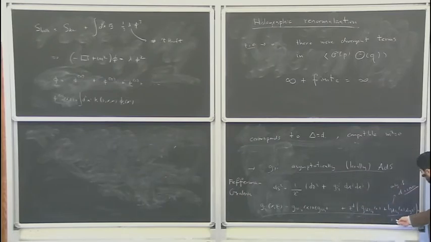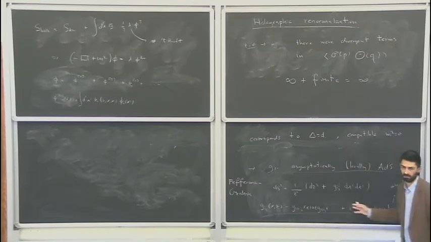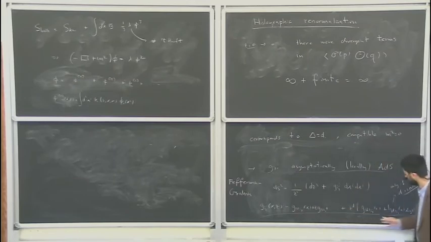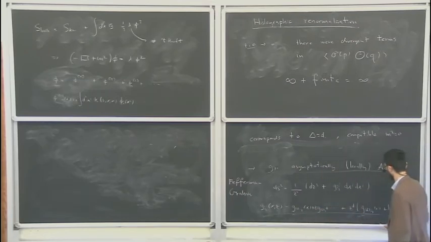And the dots that appear here start becoming quite complicated because they have a combination of powers and logs in increasingly messy combinations, but they're all determined by whatever is written here. So you don't gain new information. Once I tell you that the expansion has a solution at any arbitrary order, then if you fix this and that, you will find the solution. I will say a bit more when we talk about the Weyl anomaly.